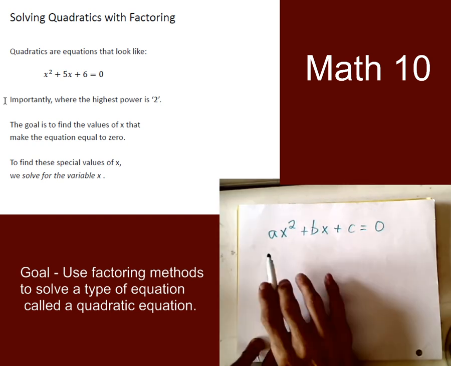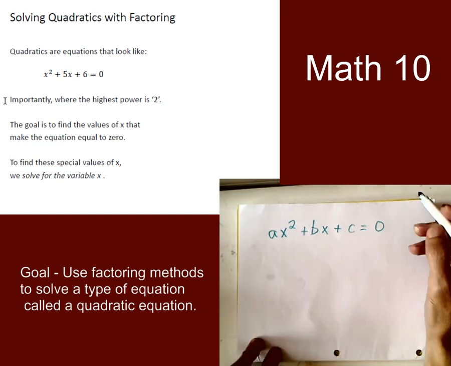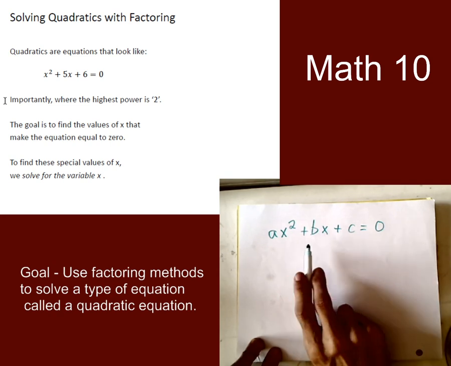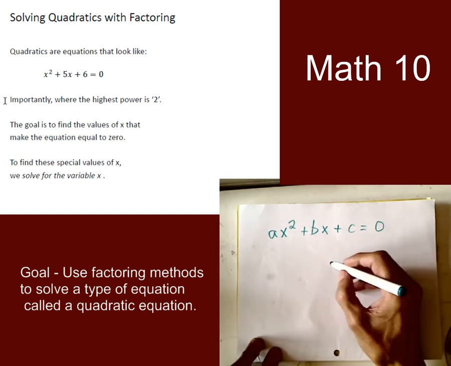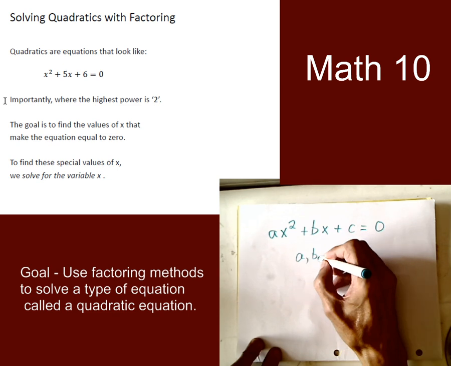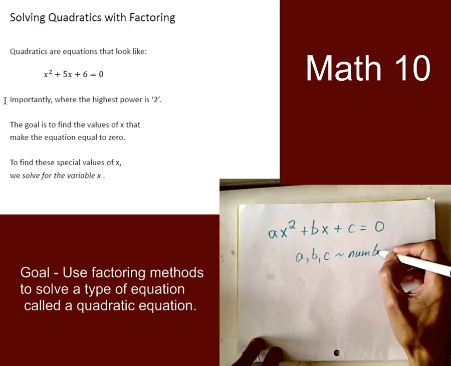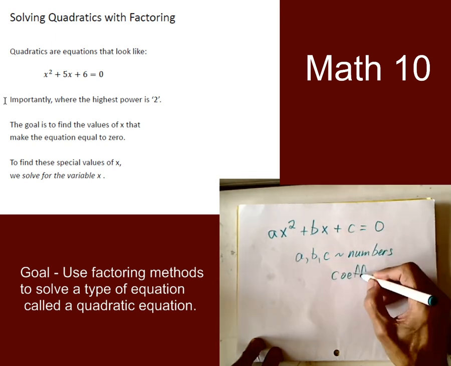So a, b, c all represent numbers in the front. And if you recall, the numbers in the front like that are given the special mathematical name of coefficients.